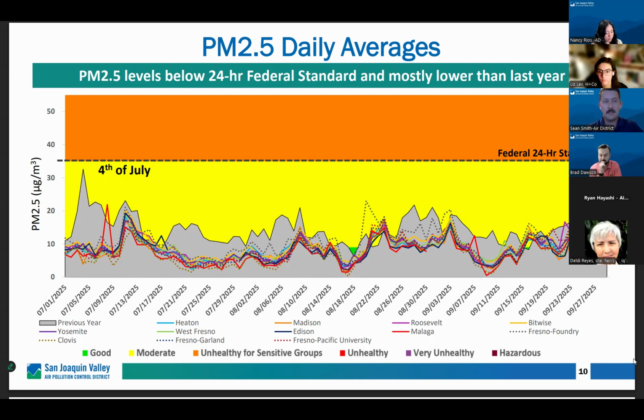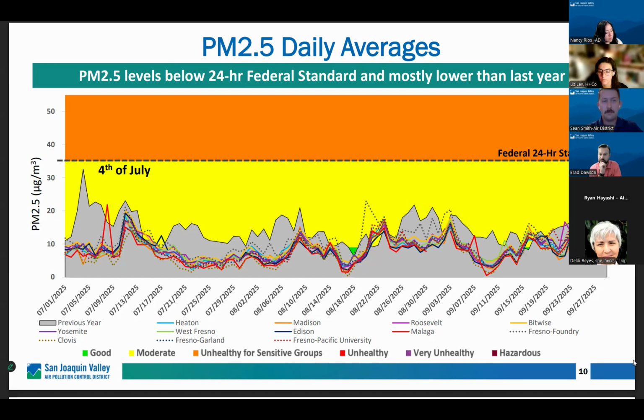The reason I can say that is because last year is the area put in gray. If you look at the outline in gray, those are the maximums from the sites from the previous year of 2024. All the solid lines are our community air monitoring sites, and the hashed or dotted lines are the respective Fresno sites that are regulatory, that are near the area.